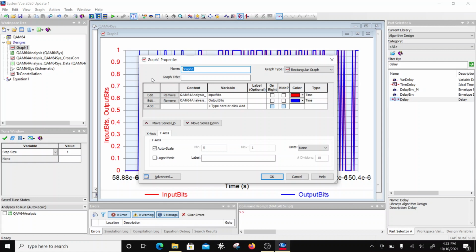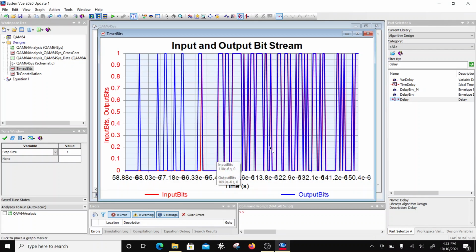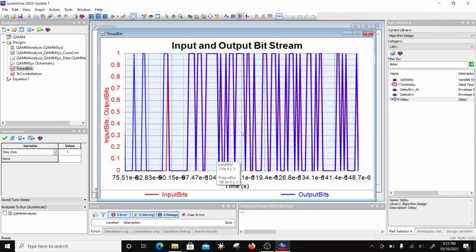Okay, timed bits, and graph title is input and output bit stream. Okay, so basically this is your input and output bit stream, and they have lined up nicely, right? So by adding delay, now I'll be able to do bit error rate and EVM.